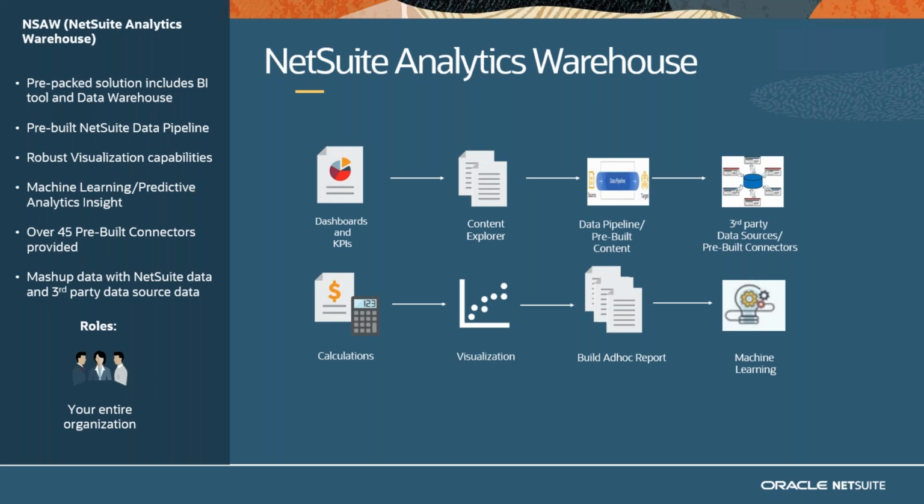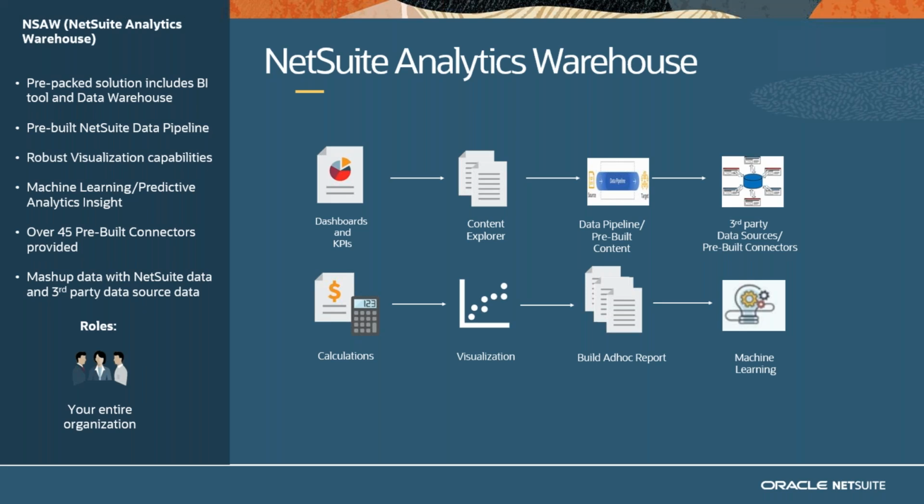And we'll go through bringing data in from a third-party data source. I'll walk you through what those pre-built connectors look like and how you guys will be able to connect. And then we'll spend some time really going into the BI tool. I'll be talking about different things where you can do calculations. There's quite a bit of visualization capability that you can do in the product. We'll talk a little bit about that.